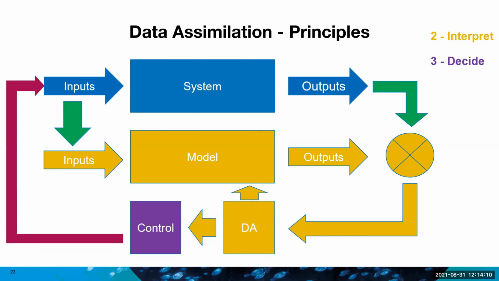You will use the outputs of your model and the outputs of the system to feed a data assimilation algorithm that will allow you to improve your model and to improve your prediction. So then you can go to the decide, to the control, for example, in this case, step, with your interpret phase made more rich and more pertinent.